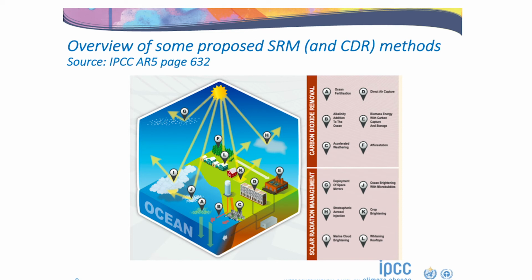In I, marine clouds are seeded to make them more reflective. In J, the ocean surface is made more reflective by producing microbubbles in the sea surface. Finally, K and L are examples of ground-based albedo modification methods by growing more reflective crops and whitening roofs and other built structures.